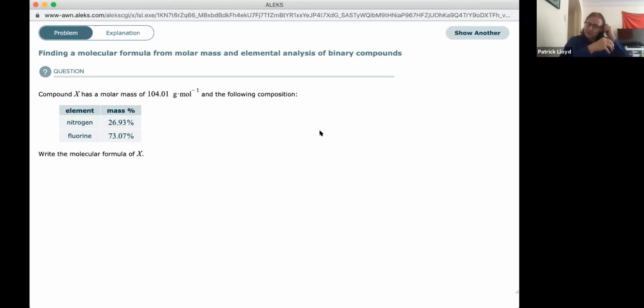There's actually a different way to do these problems where you just use the 104.01 and then figure it out backwards. I've seen some students do that, but I'm going to show you the method that textbooks use. So you have a molar mass of this compound, 104.01 grams per mole, and you've got 2 elements in it, nitrogen and fluorine. Their mass percentages are given. Write the molecular formula. Okay, so very similar type of problem.